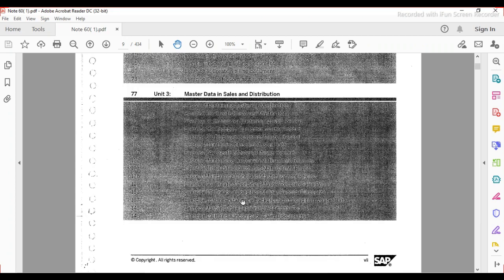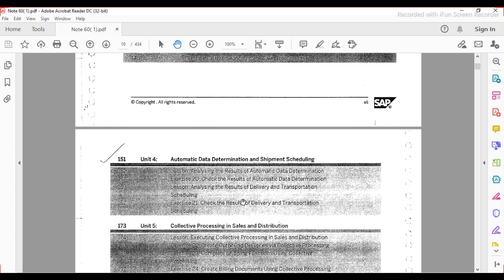Then we have unit 4, that is determination. We have various determinations, where data flows from master data to sales order type, sales order, delivery and billing. Most of the data is transferred from master data. Then we have delivery plant determination, shipping point determination, route determination, and so on.